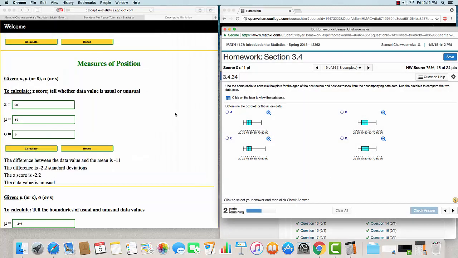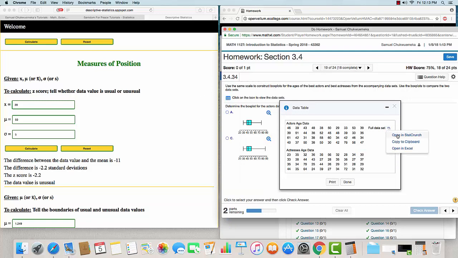All right, question 19. Use the same scale to construct box plots for the ages of the best actors and best actresses from the accompanying data sets. Use the box plots to compare the two data sets. So we'll click here, open in StatCrunch.